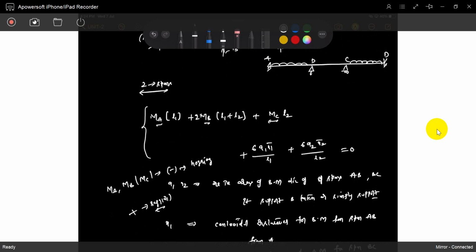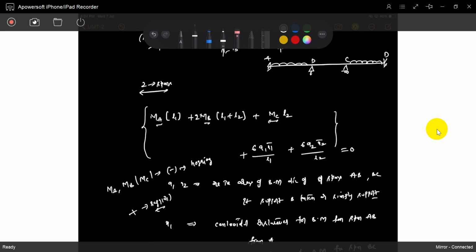Some textbooks may take it otherwise, where a positive value of MA and MC is a hogging moment and negative is sagging. But okay, we fixed negative as hogging. This is the equation, no problem.